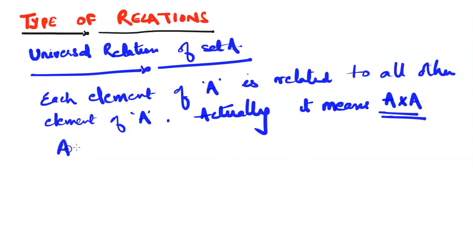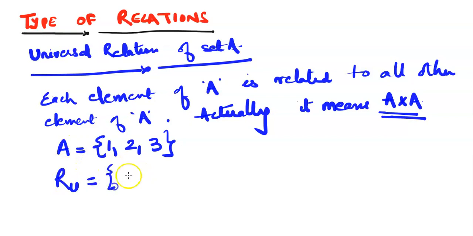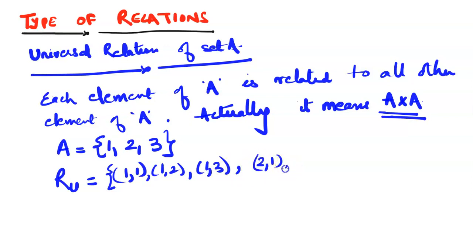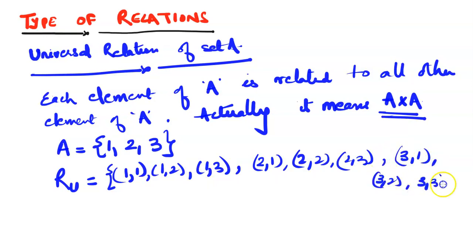So say A is a set with 1, 2 and 3, then the universal relation is basically 1 comma 1, 1 comma 2, 1 comma 3, 2 comma 1, 2 comma 2, 2 comma 3, and 3 comma 1, 3 comma 2, 3 comma 3.